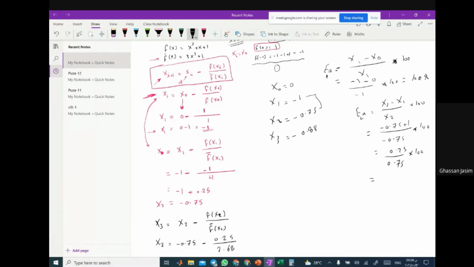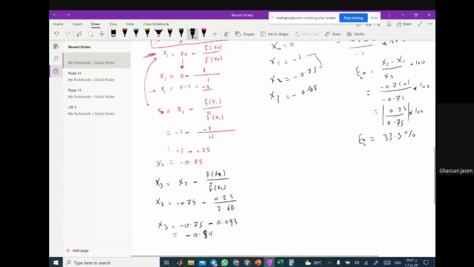Don't care about the sign because we take the absolute value. It is 33.3 percent. This is EA2.